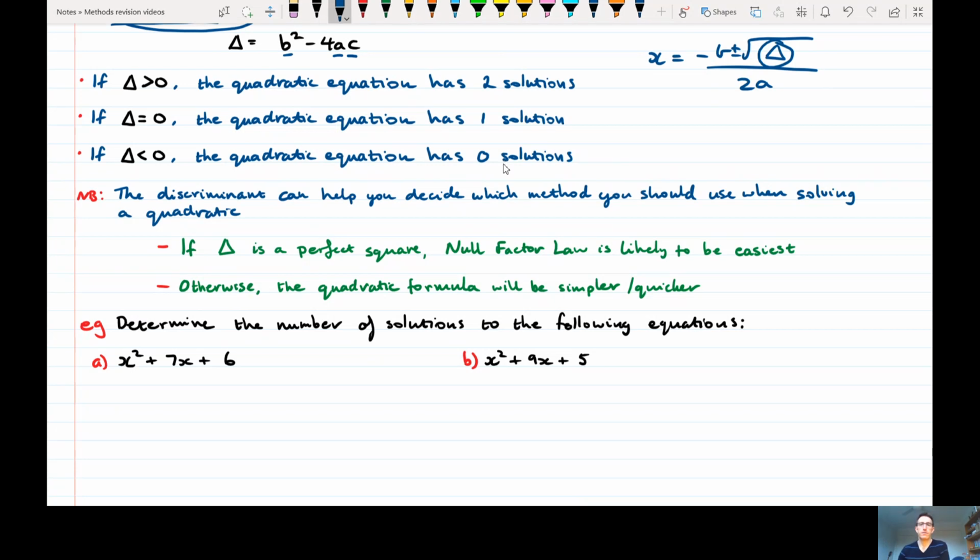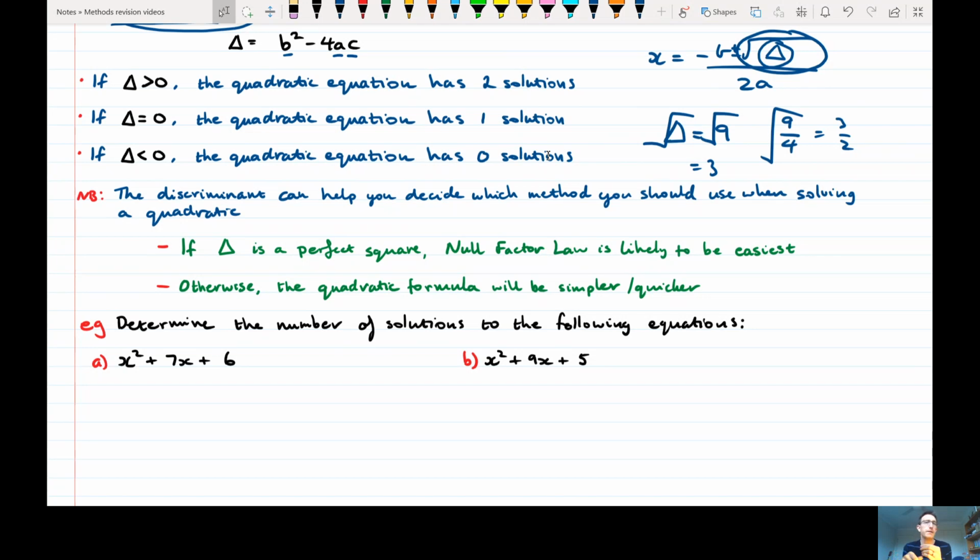If you find that the discriminant comes out to be a nice perfect square like 9, or even a fraction like 9 over 4, you know it's under a square root sign. The square root of 9 would be 3, the square root of 9 over 4 is 3 over 2. If you have a perfect square, then more than likely you'll be able to easily factorize the equation and then use the null factor law.